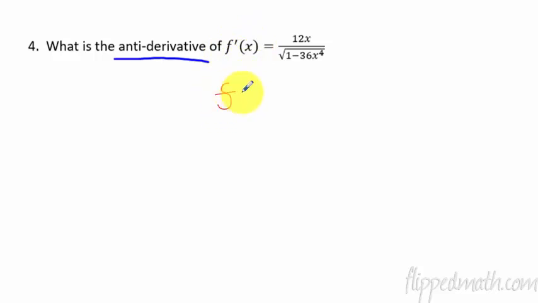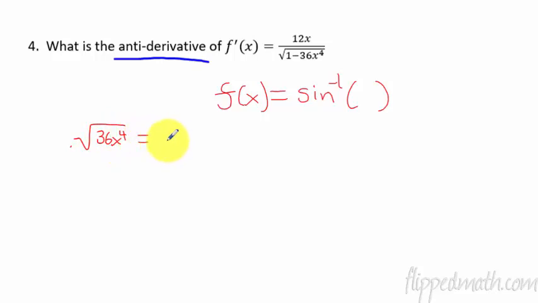A possible original function, if we took the antiderivative and worked backwards, since it has a square root, is going to start with an s. And since the 1 came first, it is sine inverse of... okay, this is the tricky part. If this is what the x squared is, what is the square root of 36x to the 4th?